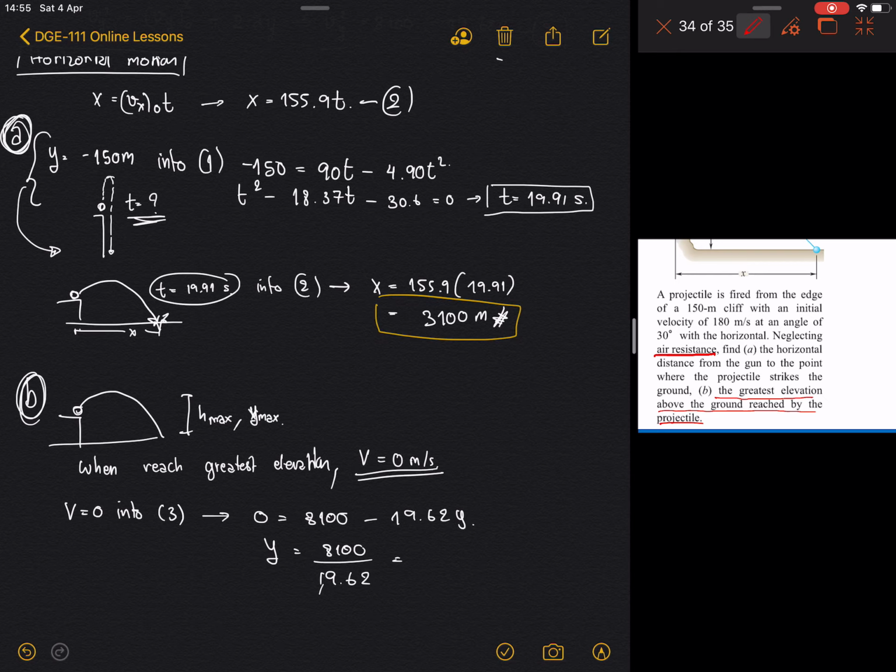Right, let me see, I put the wrong number in the calculation. So you get the height of 410.8 meters.